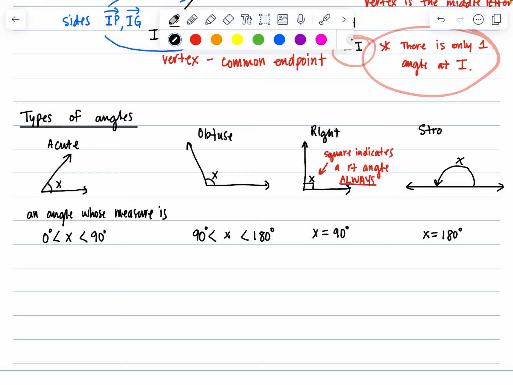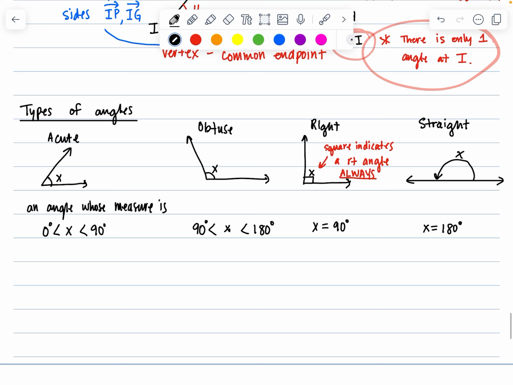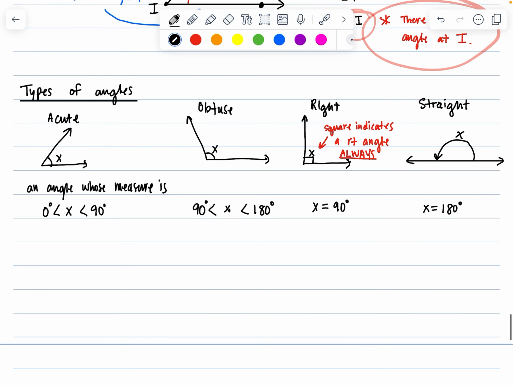So this is a straight angle. So those are your 4 types of angles based off of degrees. Okay? So I should probably put that here, based off of degree measure. All right.